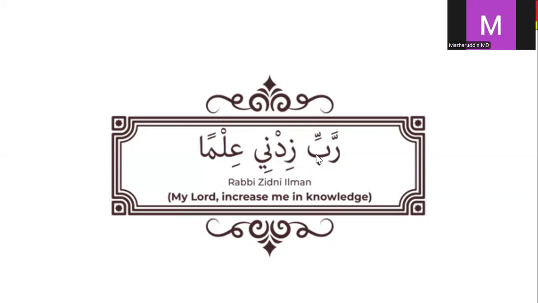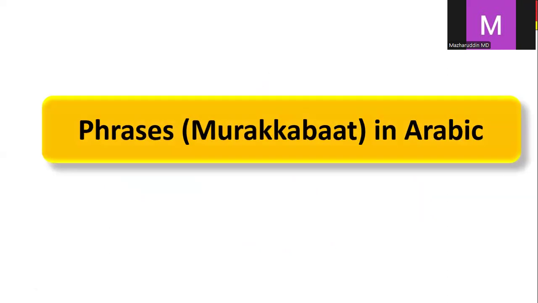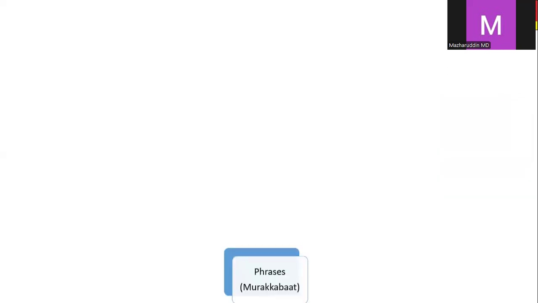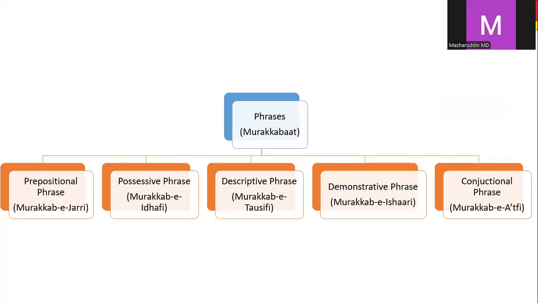Today we will learn the last phrase, that is the conjunction phrase, murakkab atfi. We have learned prepositional phrase, then possessive phrase, then descriptive phrase, then demonstrative phrase, and now today we are going to learn conjunction phrase.